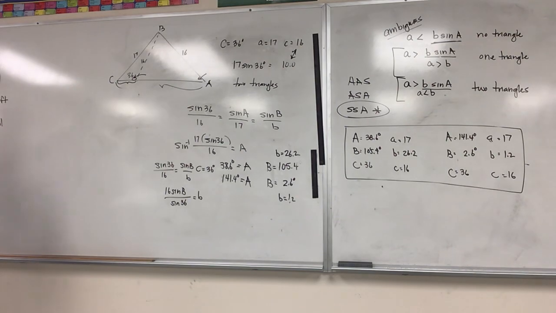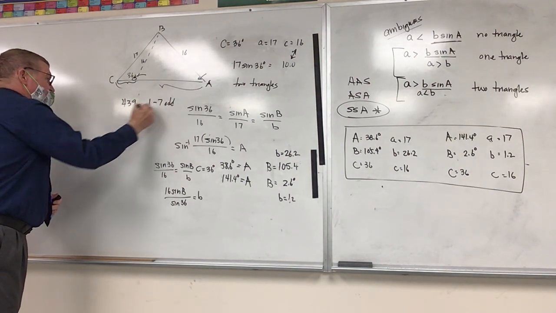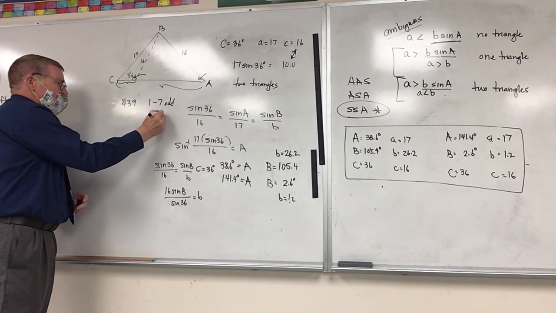Alright, so we'll work on that some more on Monday. What I'd like you to try to do this weekend, let's do page 439, 1 through 7 odd, and 13 through 17 odd.